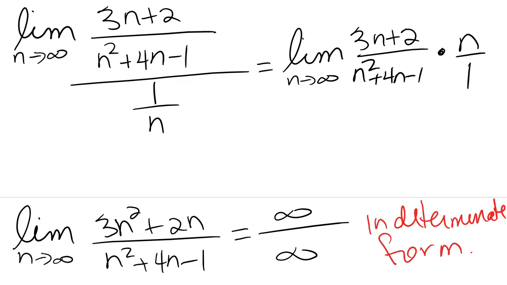When you have the indeterminate form, that says that you can now use L'Hopital's rule in order to evaluate this limit. However, remember, if you have n's in the numerator and denominator, there's another way to evaluate this.